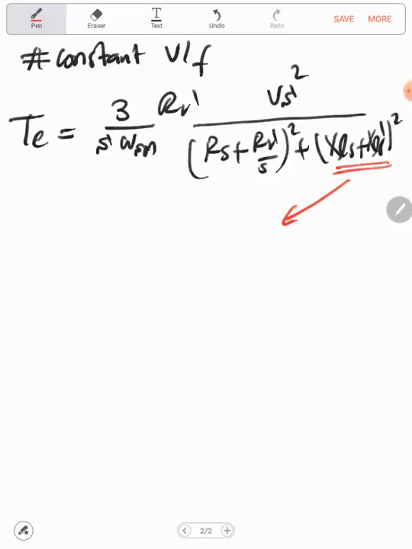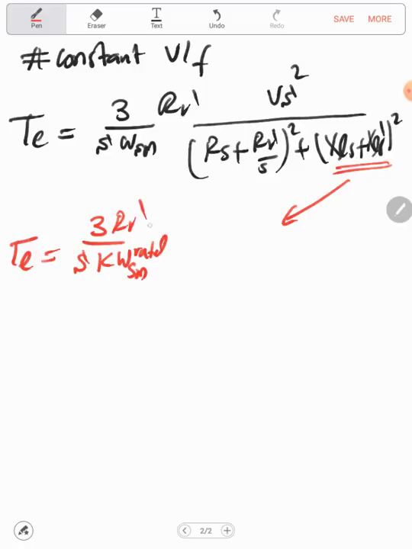So to account for changing the frequency and the voltage, Te can be written as 3 over S K omega S mechanical rated.